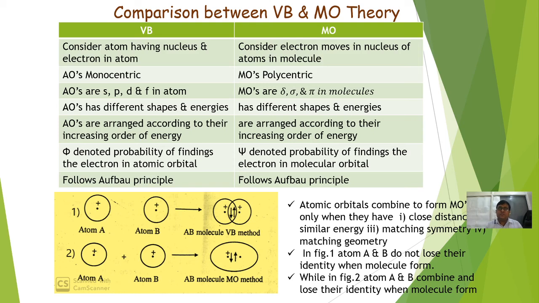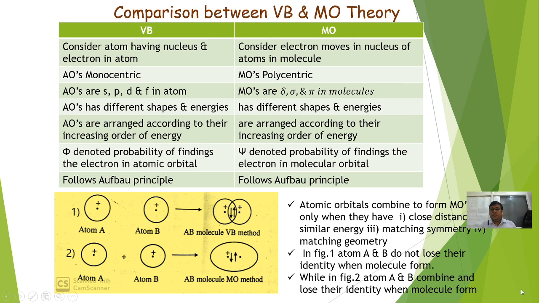We usually place positive and negative signs on the orbitals, and same-sign orbitals mean symmetric orbitals. So when the atomic orbitals have matching symmetry, similar energy, and close distance, then atomic orbitals combine to form molecular orbitals.